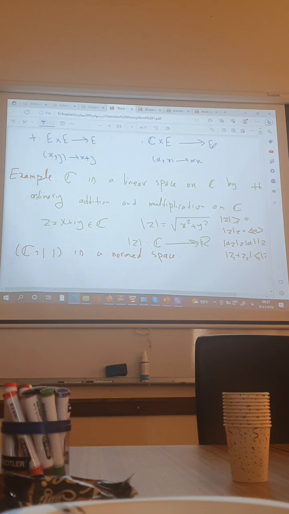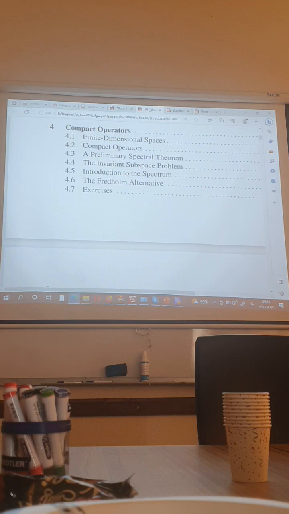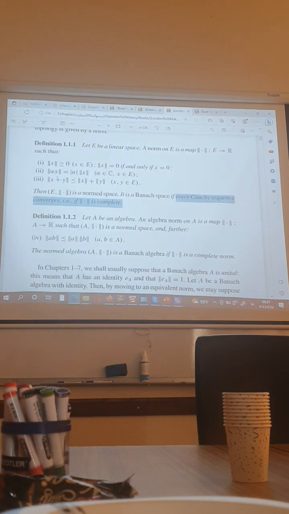Alpha x is an element of E. We need this operation because we will talk about alpha x, so that E must be a linear space, okay? And this is the absolute value of alpha.